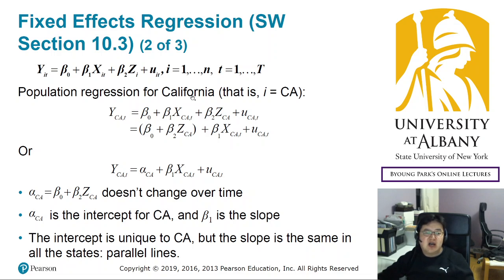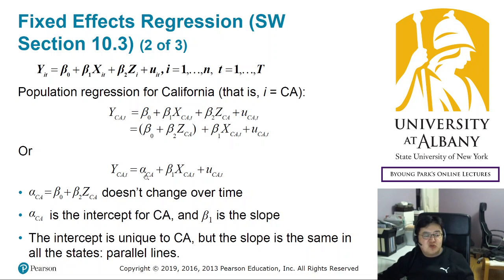So y depends on t, x depends on t, u depends on t. But only these two terms do not depend on t, so we will bundle them into alpha. So alpha is defined as beta 0 plus beta 2 z California. So alpha is just all the terms that do not change over time.